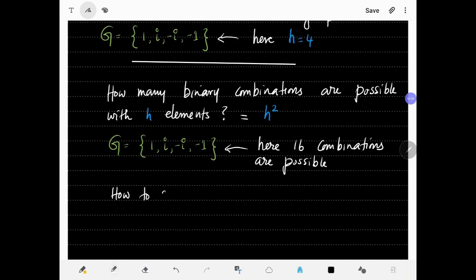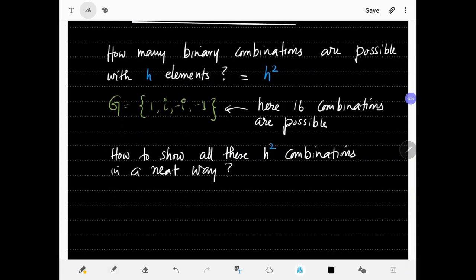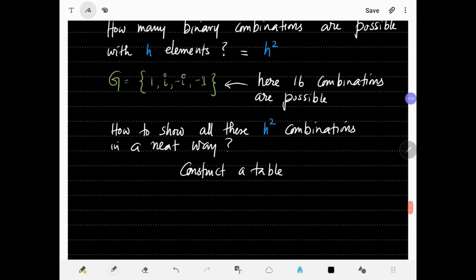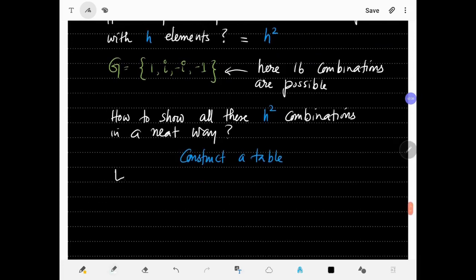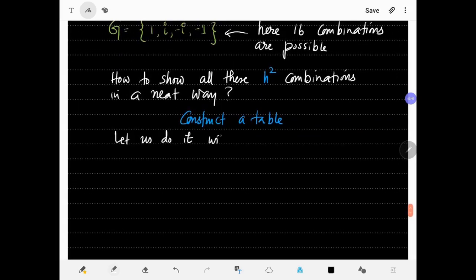Now, how will we represent all these h square combinations in a neat way? Let us construct the table with this example: 1, i, minus i, minus 1.